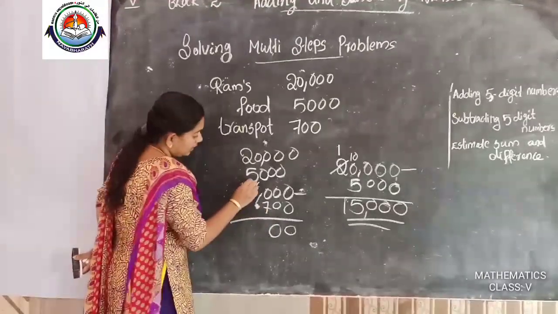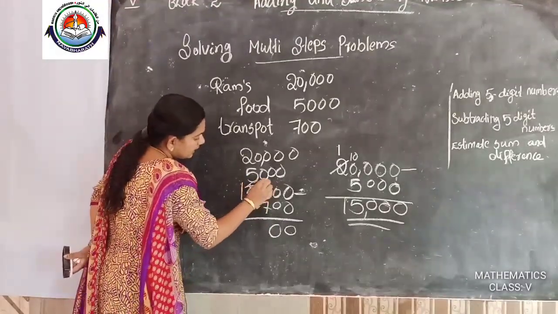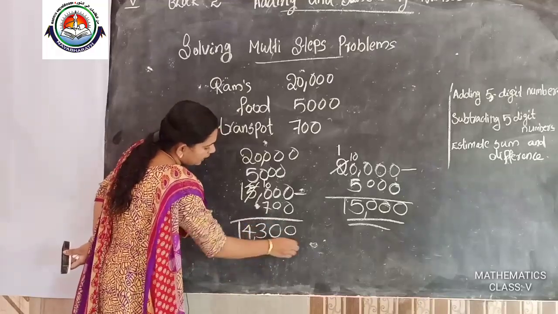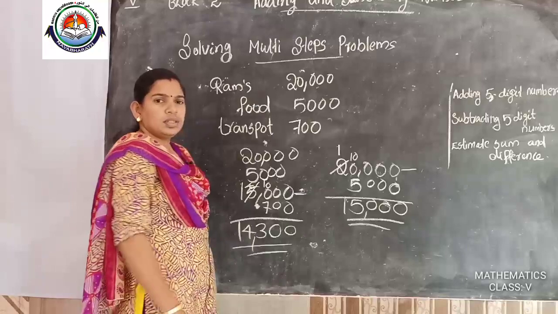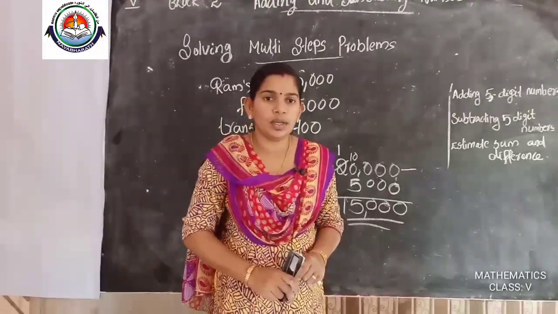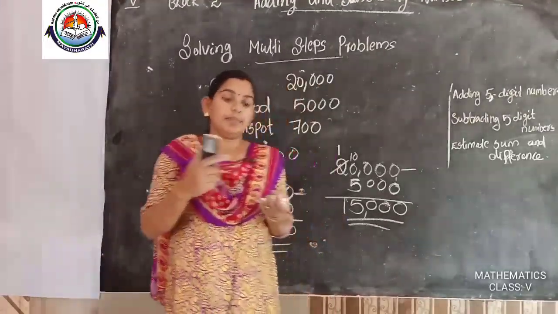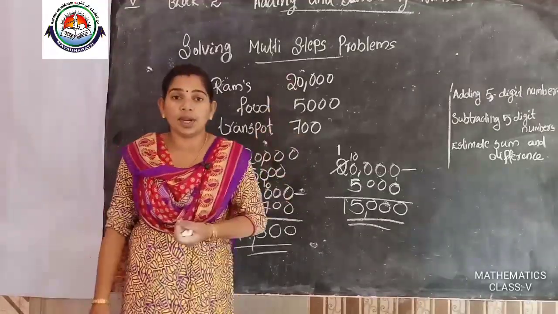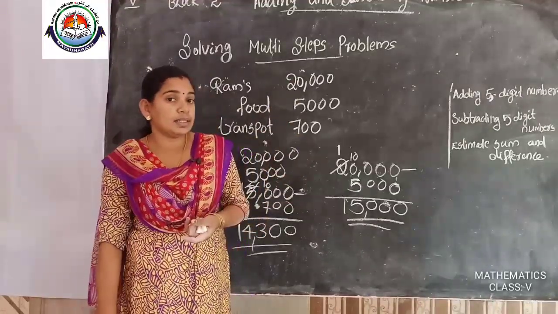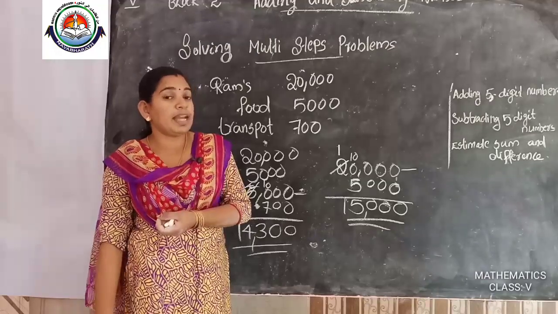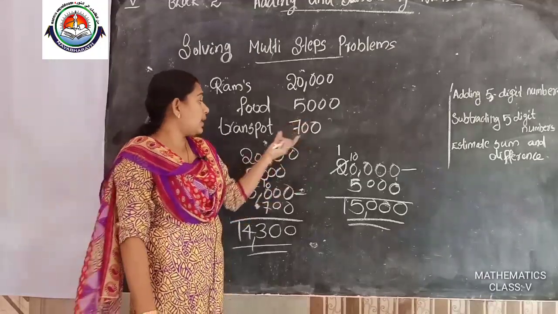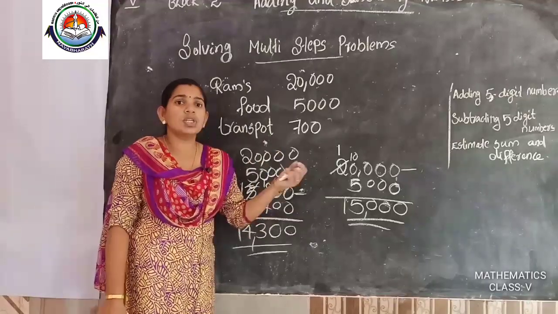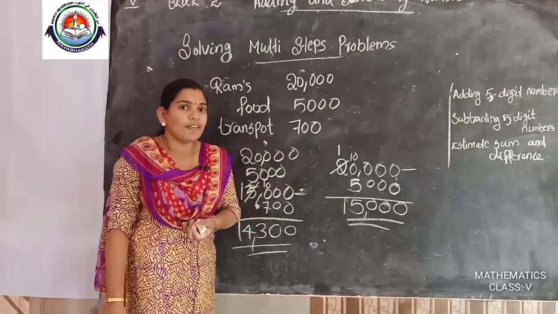Taking 1 from here, it becomes 4, and 10. 10 minus 7 is 3, then 4, then 1. 14,300. How many steps are we doing? First we subtract the food amount from the salary. Then from the remaining salary we subtract 700 for his transport. There are long steps.